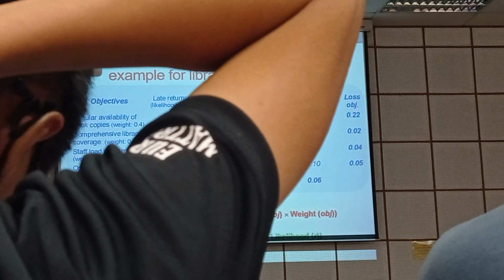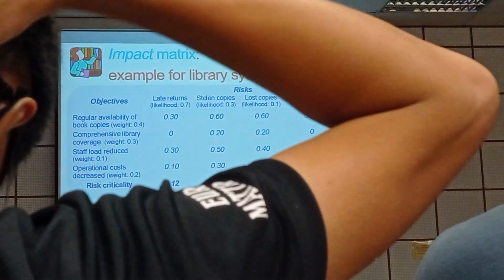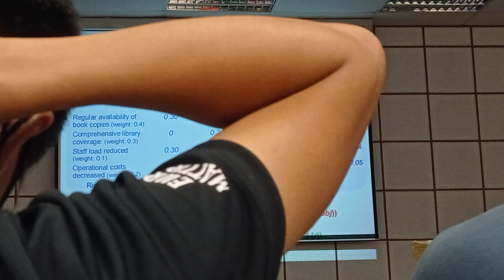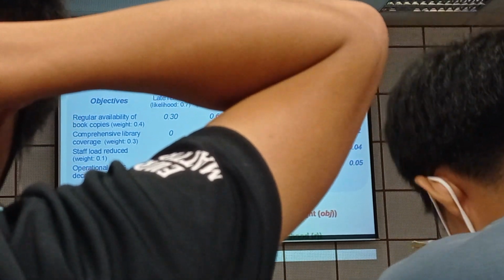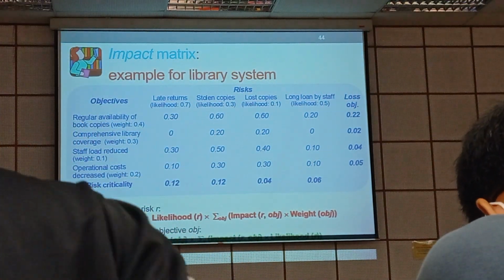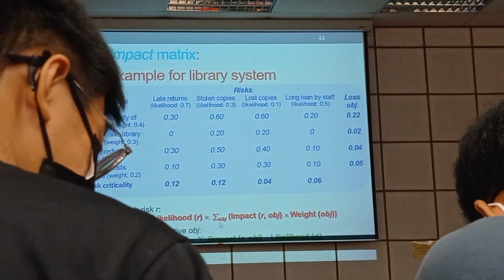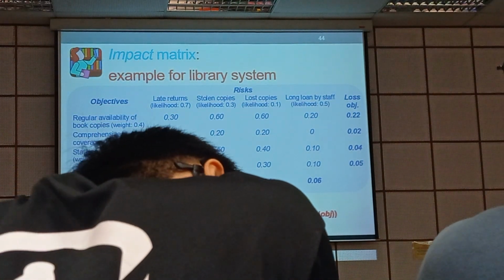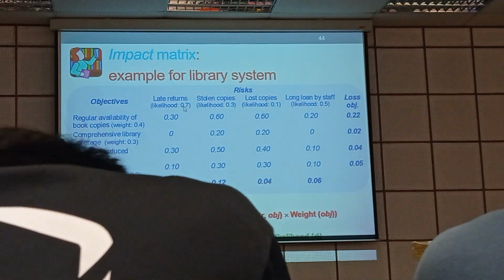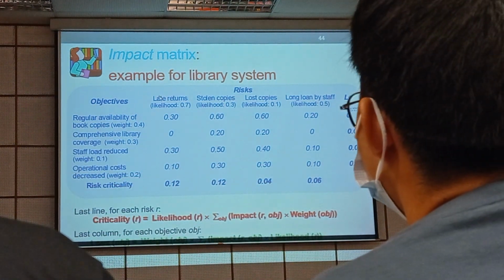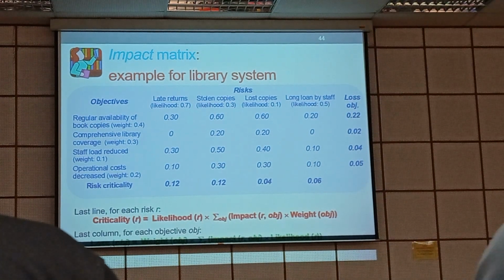0.02, 0.03, 0.12. So total up: 0.17. This is the value for the summation of this product. And multiply with the likelihood. What is the likelihood for rate of return? The likelihood for rate of return is 0.7.